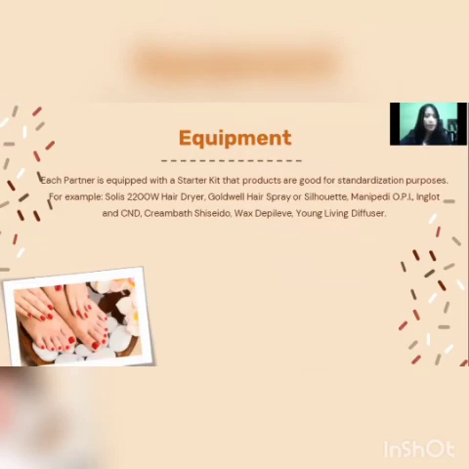Okay, next is equipment. Each partner's equipment, starter kit, and product are for standardization purposes. For example, Solis 200Y hair dryer, gold wheel hairspray, OPI, Shiseido, Baby Lamp, and others.